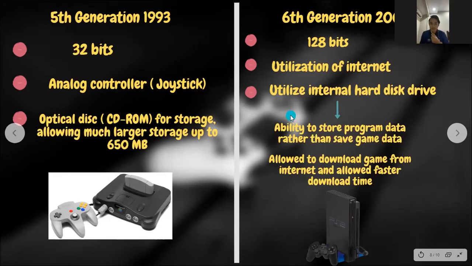Then you have a hard disk drive, which has the ability to store program data rather than only save game data. It also allows downloading games from the internet, with faster download time. And for this one, you have the CD-RAM, compared to this one using CD-ROM.